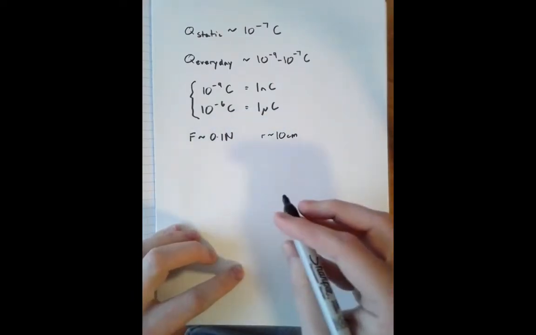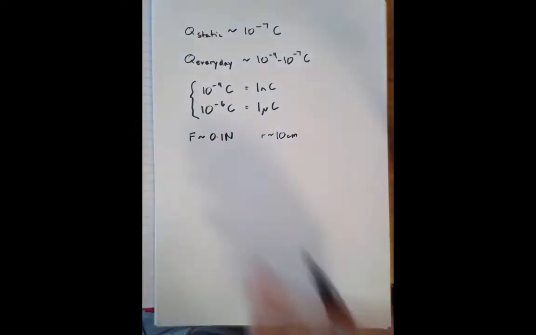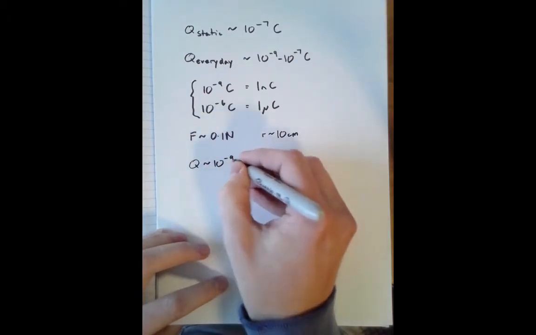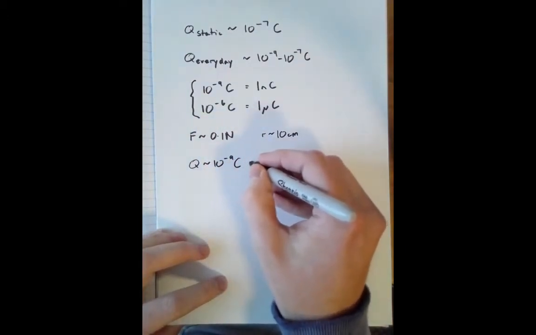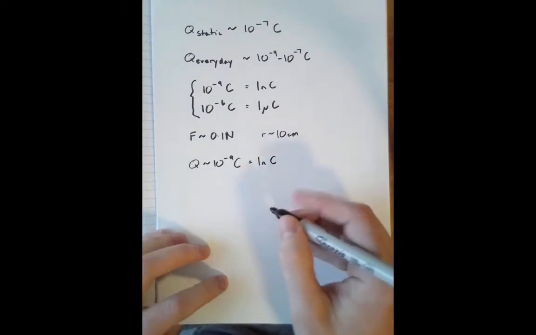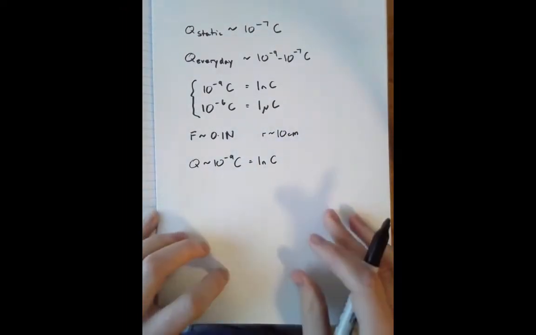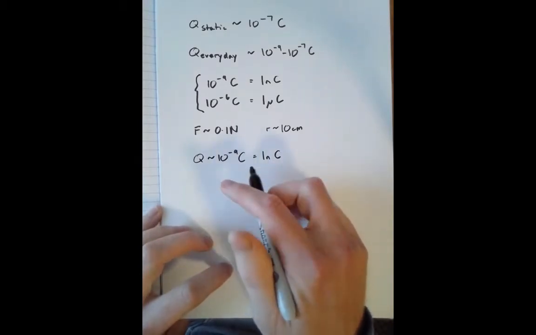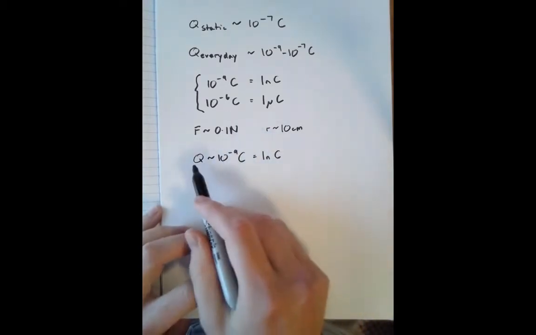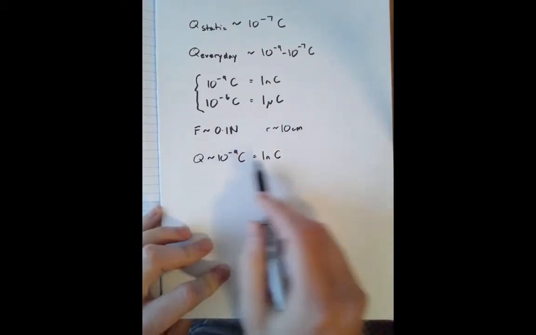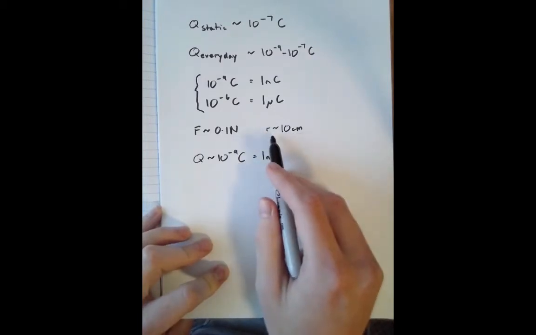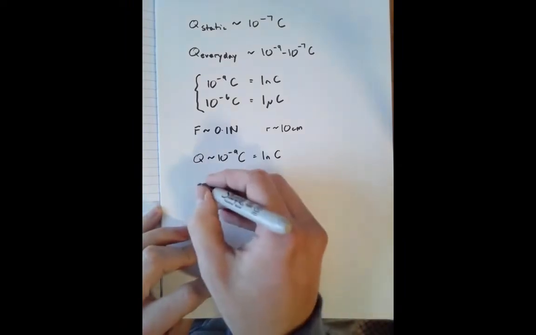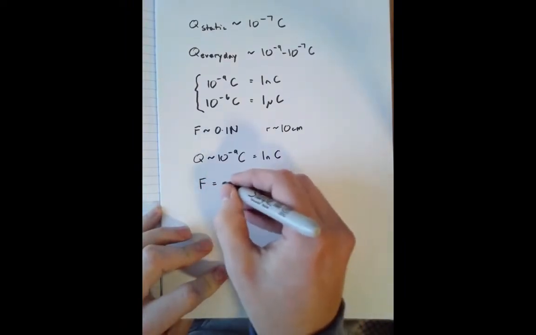So if you had, for example, a charge of around 10 to the minus 9 coulombs, okay, or just 1 nanocoulomb, let's get used to using the nano prefix, then we had two charges that had this charge, and they were 10 centimeters apart. How big would the force be there? Well, you know Coulomb's law.